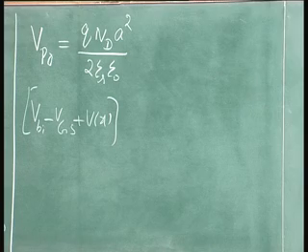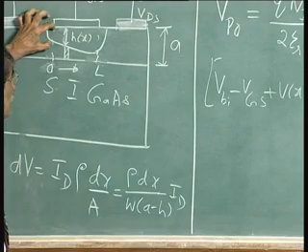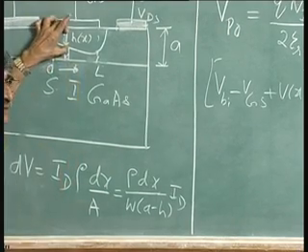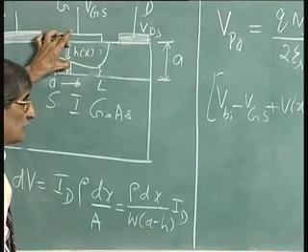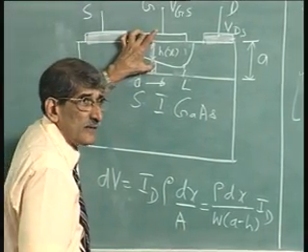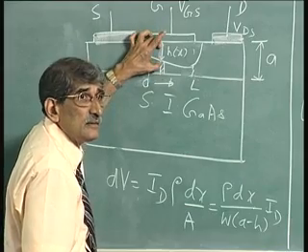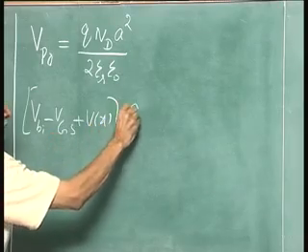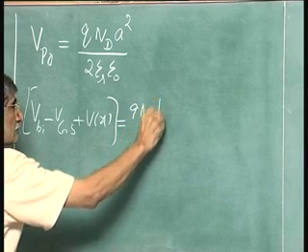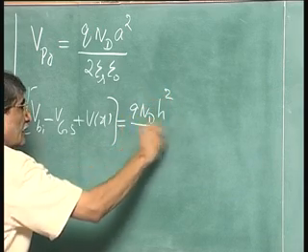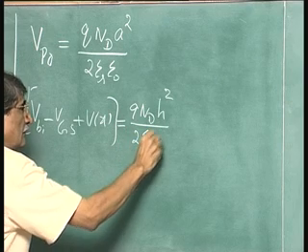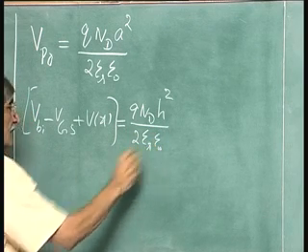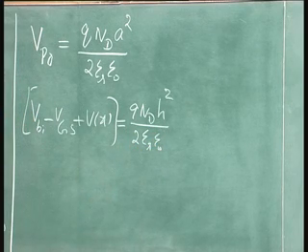V b i minus V g s is the potential here, plus V of x is the potential there. So, that potential across that is related to the H. So, that is equal to H squared divided by twice epsilon r epsilon 0. Now, you know how to write that H by A.